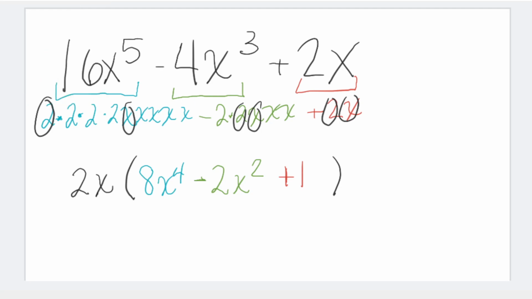So what that would look like if this was negative, this was positive, and this was negative, you would have a negative for your GCF, and then these signs that are left in here would all change. So when I divide 16 by negative 2, that would leave me with a positive 8 here. A positive 4 divided by a negative 2 leaves me a negative 2.